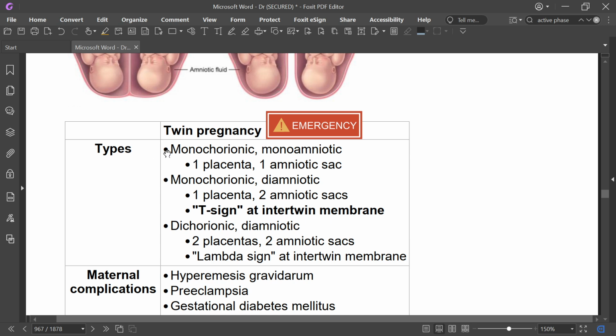So monochorionic monoamniotic: one placenta, one amniotic sac.